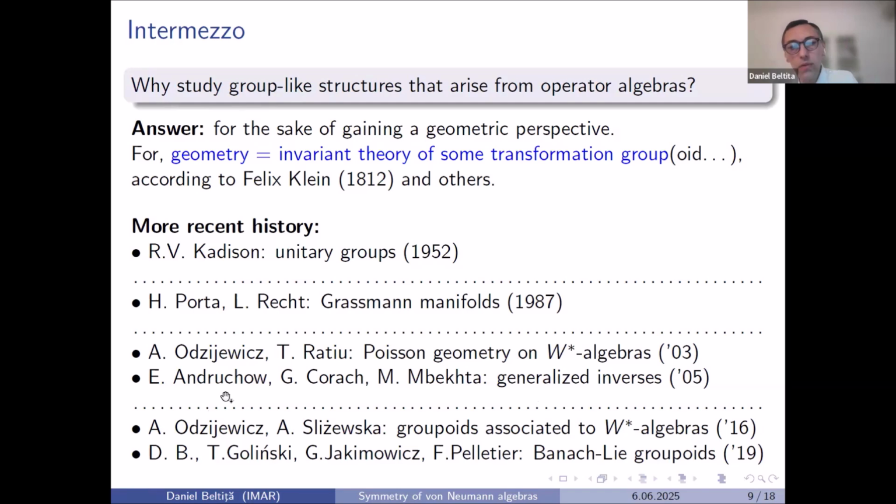And eventually, Anatol Odzijewicz and Aneta Sliżewska studied more about groupoids, the groupoids that appeared on the previous slide. And eventually, motivated by these things and others, with Fernand Pelletier and other Polish colleagues, we started to build the general theory of Banach groupoids, which incidentally was not developed systematically yet.